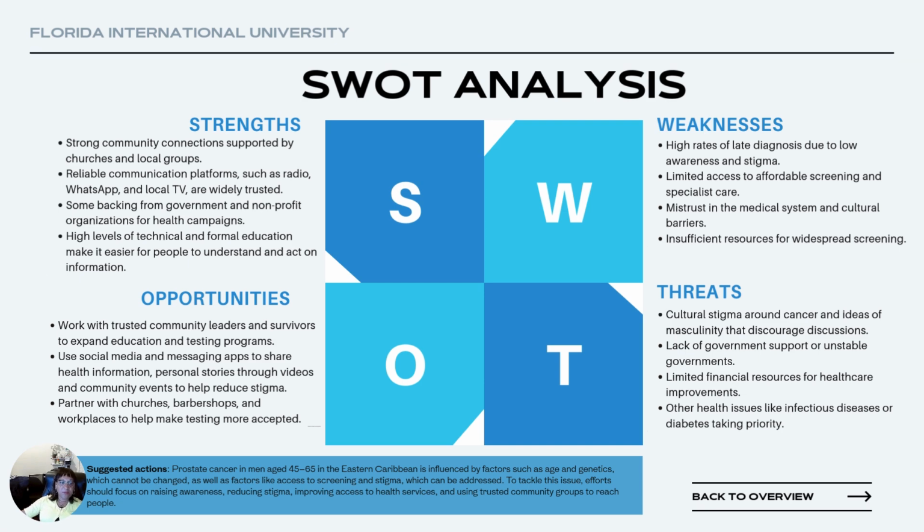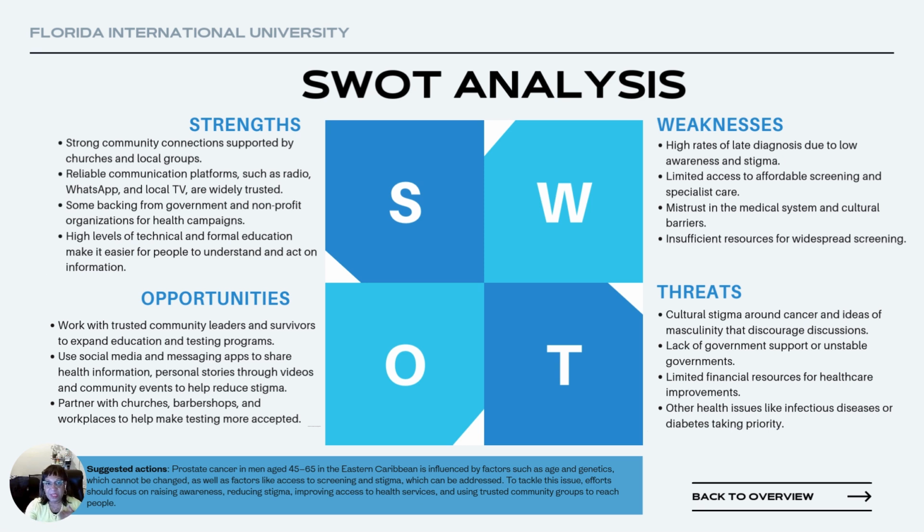So, what are the strengths? Some of the strengths are just their strong community connection, which is supported by the churches and local groups. Then we have a high level of technical and formal education, which makes it easier. For the opportunities, we work with trusted community leaders and survivors to expand the education and testing program, partnering with the churches, barbershops, and workplaces to help make testing more acceptable.